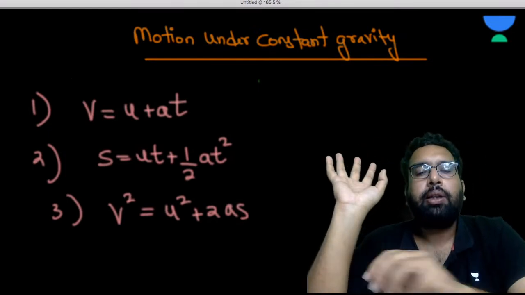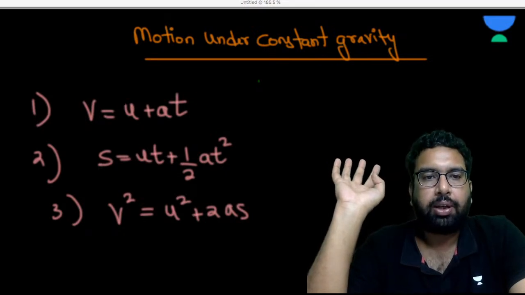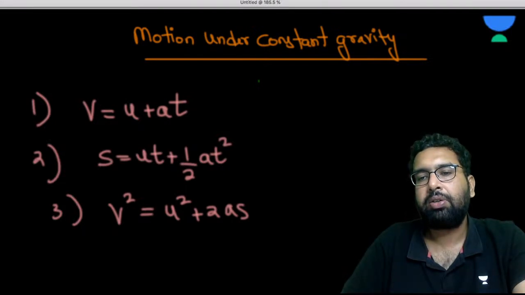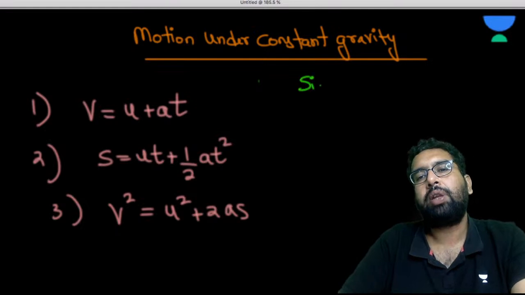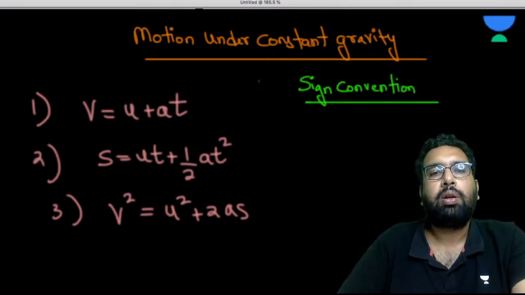Now, there is a sign convention that we may choose to follow, just for the ease of use of these equations. Whenever you are seeing the motion, you are seeing it with some reference.